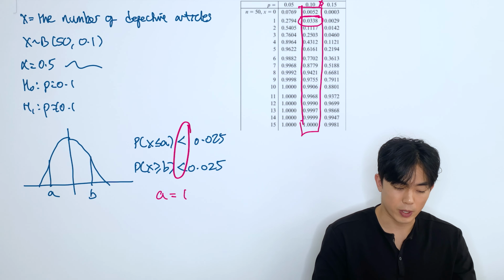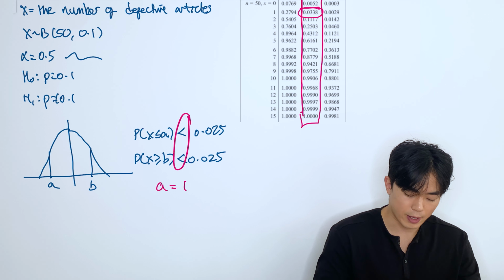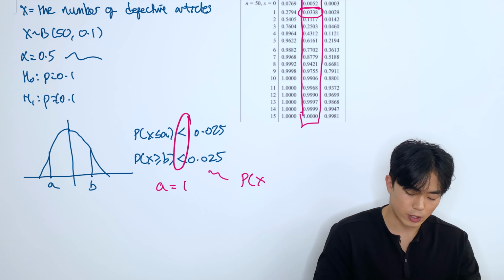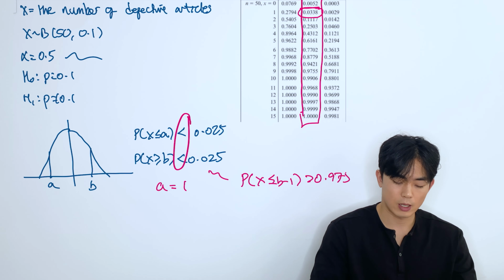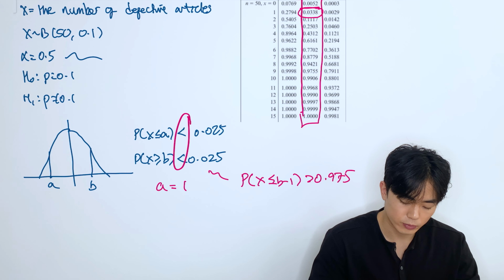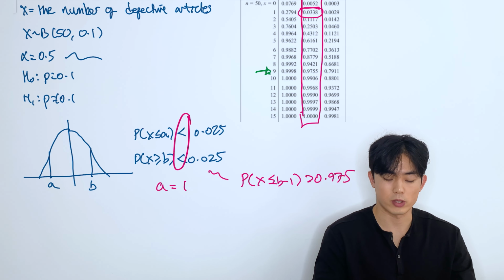Same thing goes for B. As you can see for B, what we're trying to find is the probability that X, if I was to rearrange this, we get the probability that X is less than or equal to B minus 1 has to be larger than 0.975. And so what I'd have to do is find the value which is bigger than 0.975, which is going to be this one here, right? And so that will be the value that we will have to be using, okay?